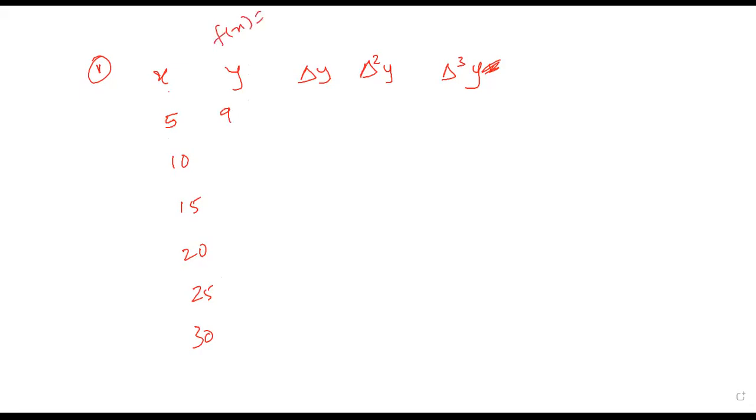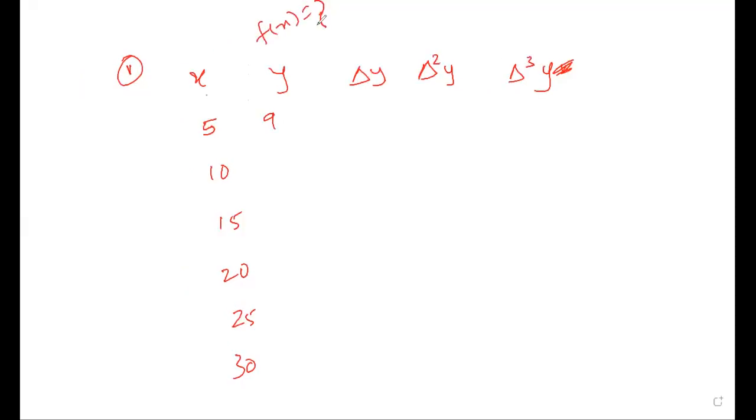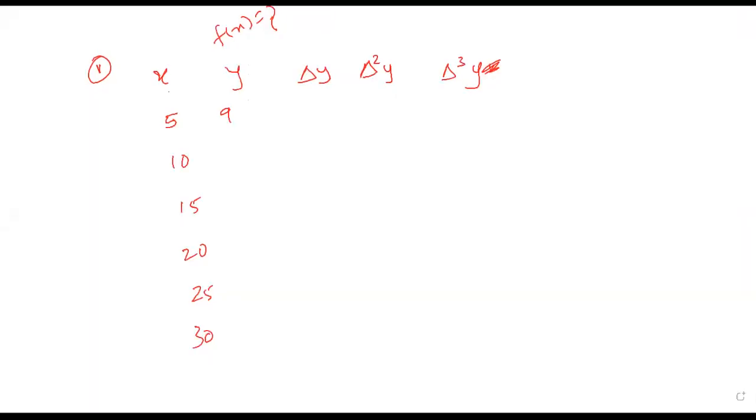In some cases, they will give you f of x, so you have to first find the y. Let's say 9962, 9848, 9659, 9397. I think I also sent you the same question in chapter 2. So no problem.